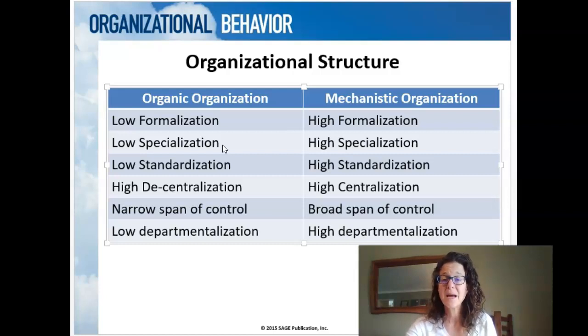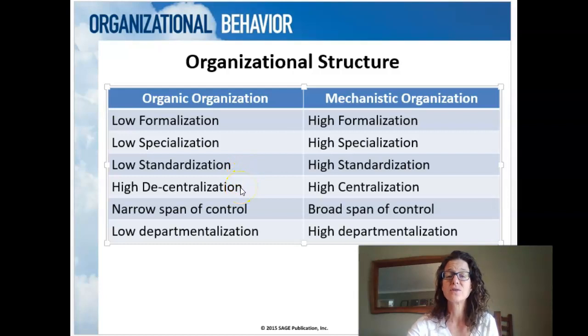So that would be an example. A small hotel would have low specialization in which individual employees would do lots of different things. Low standardization is also characteristic of organic organizations where there are few standards or formal procedures to doing things, and employees do things as they emerge when needed in the way they see fit in the given situation.